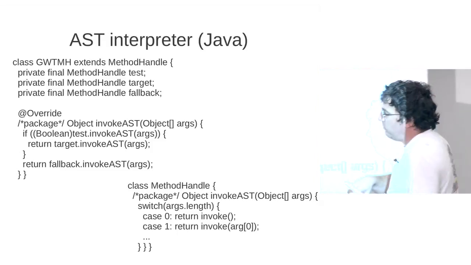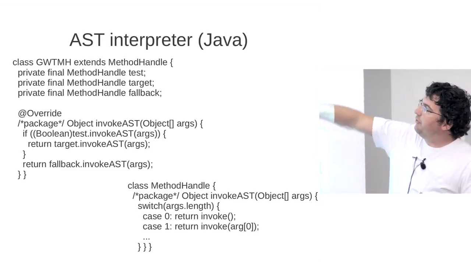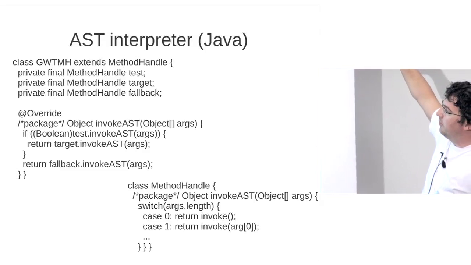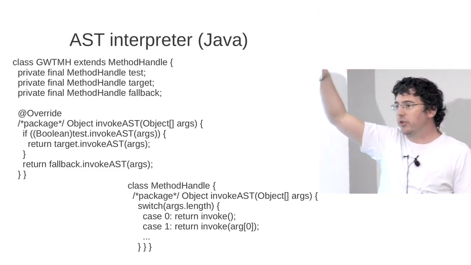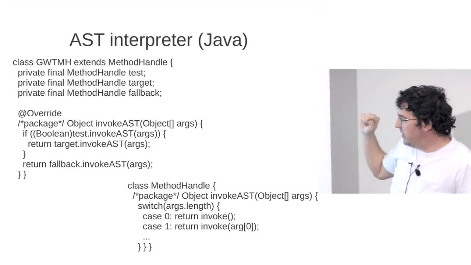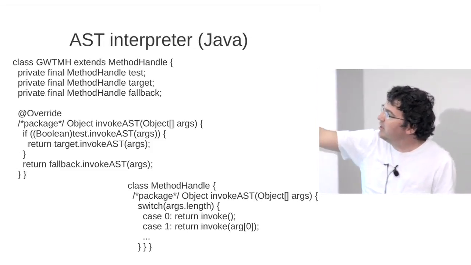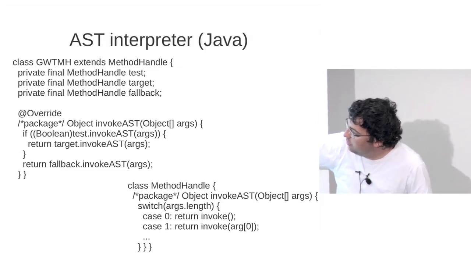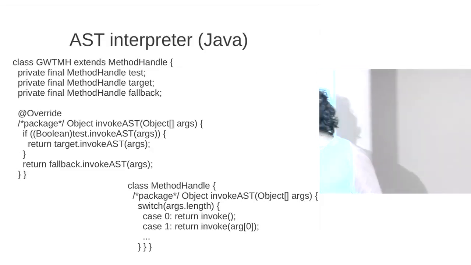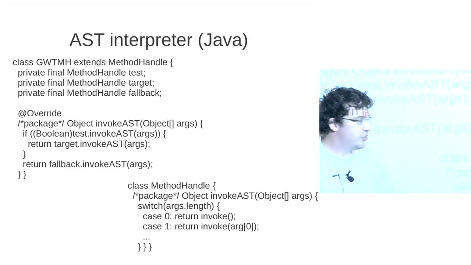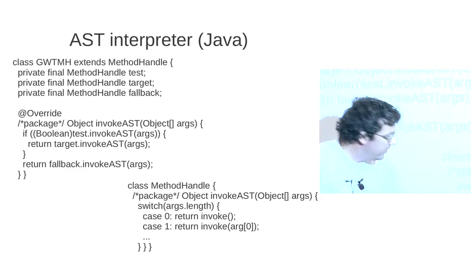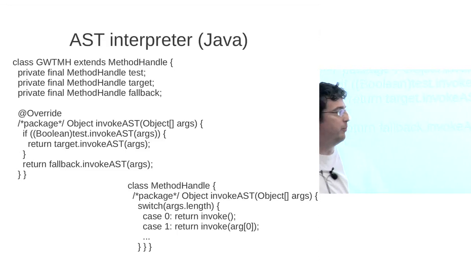In the example, we call random.nextBoolean. So at the end, we will call an invokeEST on a specific MethodHandle, and we have a big switch for all possible arities.